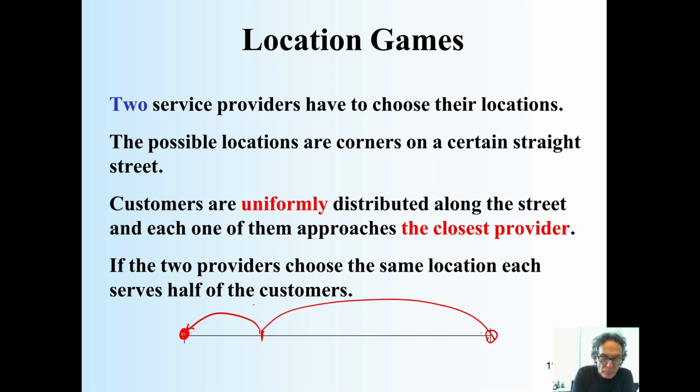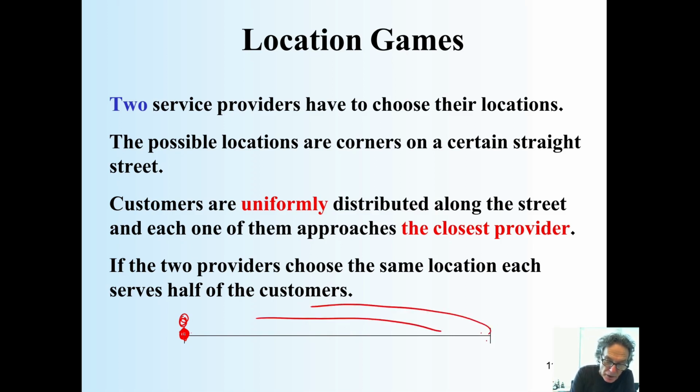If two providers choose the same location, each serves half of the customers. So what happens if I choose to be here and you also choose to be here? Then all customers have no choice, and everyone will go here.